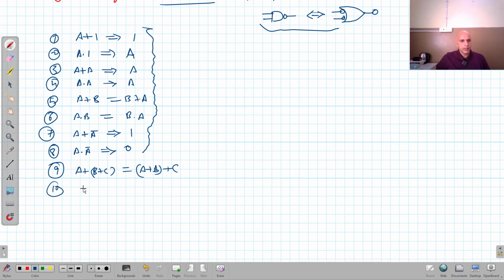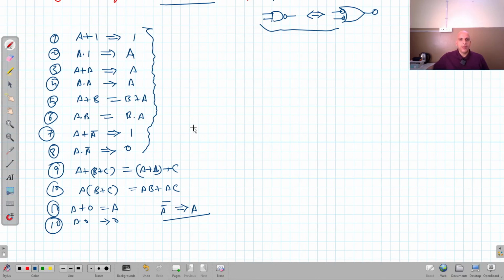Number 10: A into B plus C will give you AB plus AC. Similarly, 11th: A plus 0 will always give you A, but A into 0 will always give you 0, right? A double bar, double not, is always equal to A, right?